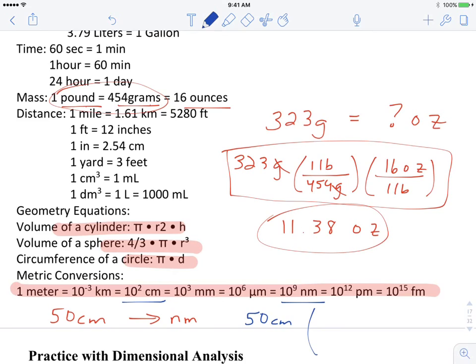If I know the prefixes nanometers and centimeters. Notice I put the centimeters on the bottom. Nanometers, the prefix is 10 to the 9th. Centimeters, the prefix is 10 to the 2nd. Remember, when you divide with exponents, what do you do with them? That's right, you subtract. So that would be 10 to the 7th times 50. So 50 times 10 to the 7th, or 5 times 10 to the 8th, and the units would be nanometers.